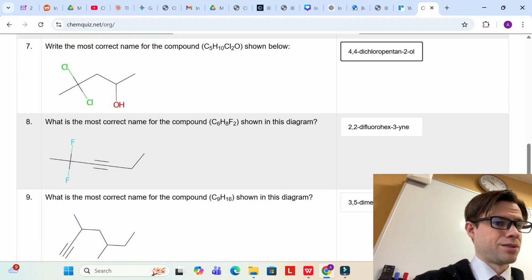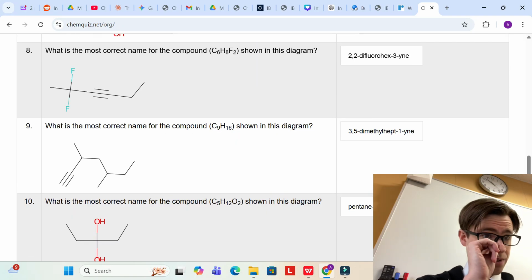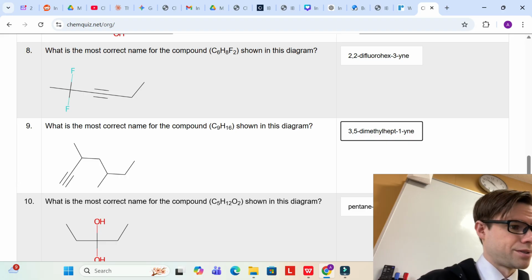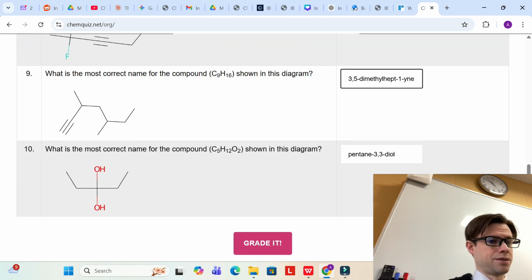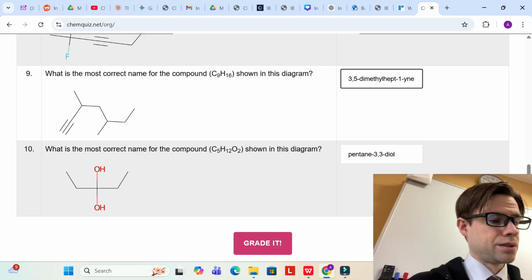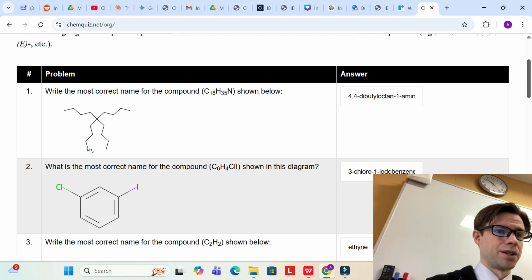Number 8 is this 2,2-difluorohex-3-yne. 1, 2, 3, 4, 5, 6. Yes, it should be. Good. Number 9 is this 3,5-dimethylhept-1-yne. 1, 2, 3, 4, 5, 6, 7. Yes, it should be. Number 10 is this pentane 3,3-diol. Yes, it should be. All right, I'm going to grade it.